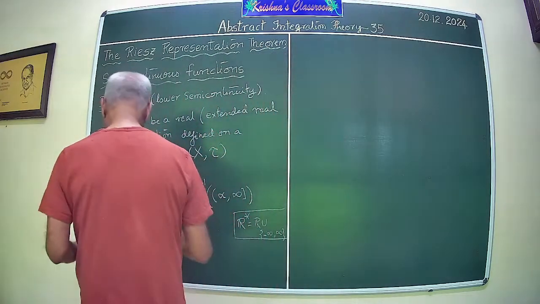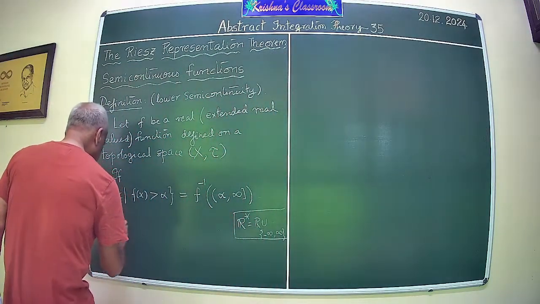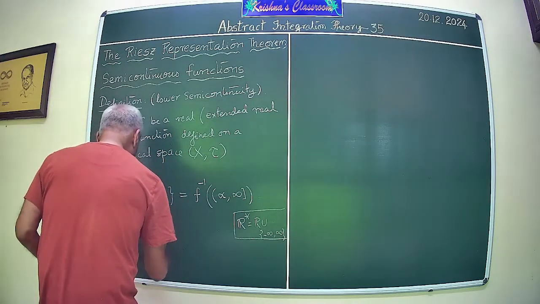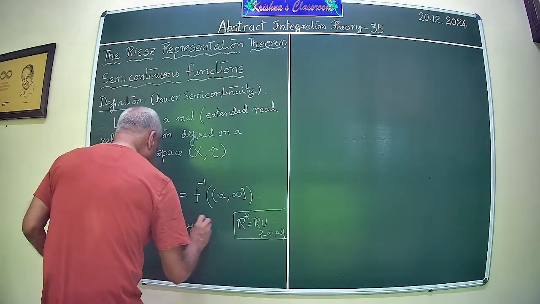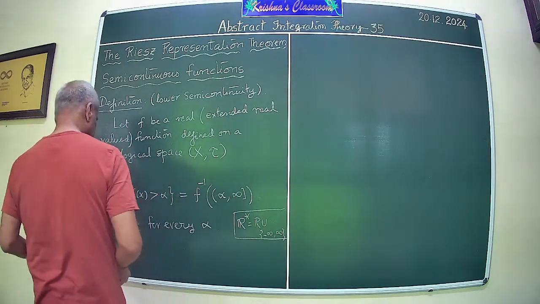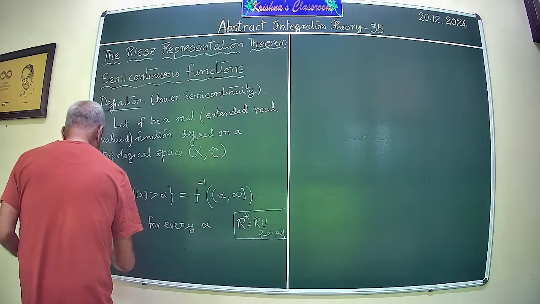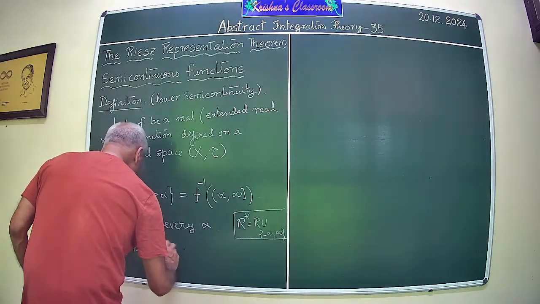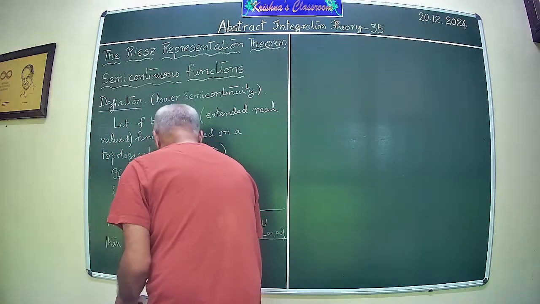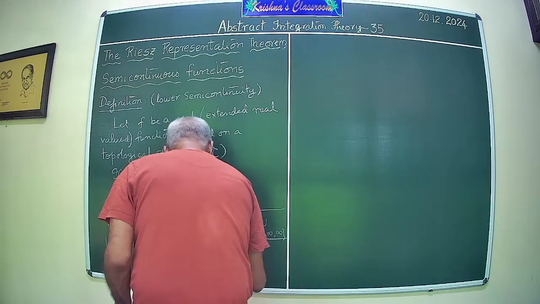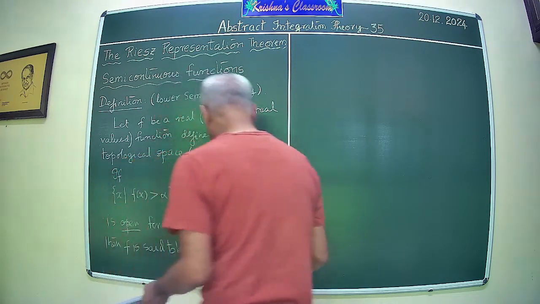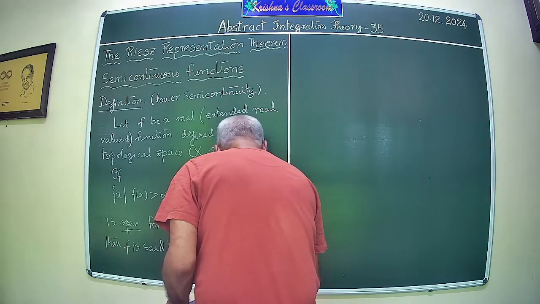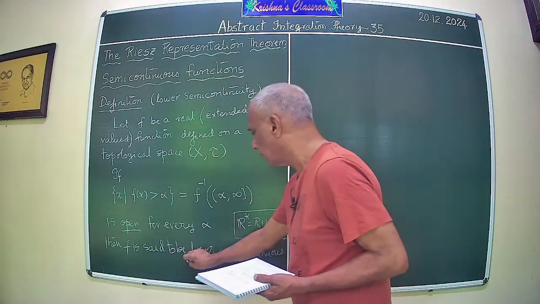So, if this is open for every alpha, then f is said to be lower semicontinuous.